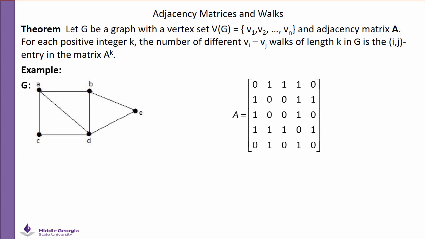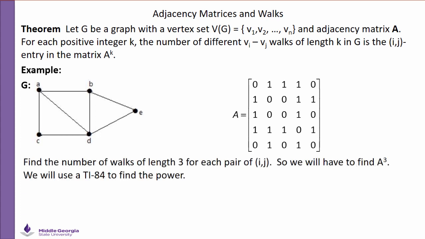But taking a 5 by 5 matrix and multiplying it by itself 3 times would take a lot of work by hand and probably result in a good bit of error because there's so much arithmetic in the middle of it. So we are going to find the number of walks of length 3 for each pair of vertices ij. So we will have to find A cubed, and we will use a TI-84 to find that power.